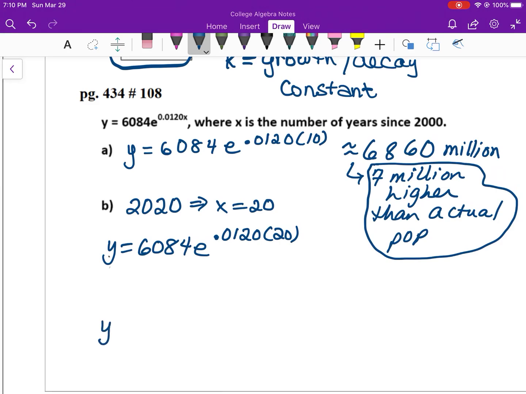And then for 2030, we're going to be plugging in 30. And you would just finish those off by putting them in your calculator and rounding them to the nearest whole number, and then tying the word million to the end.